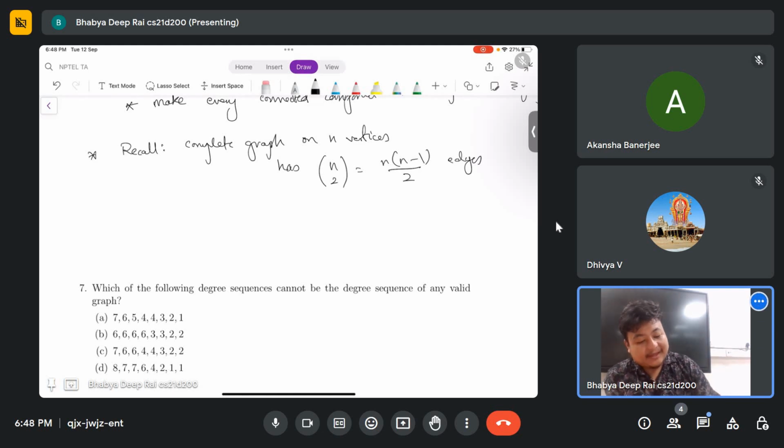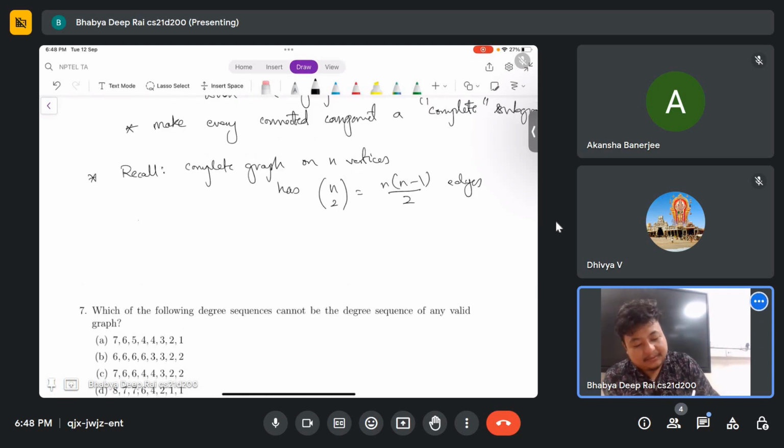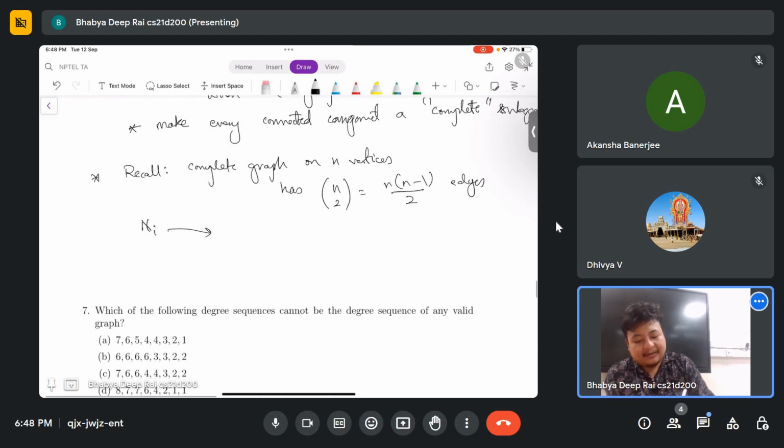So for number of vertices equal to ni, I have ni choose 2 edges, right?